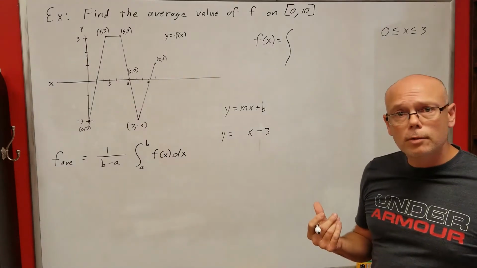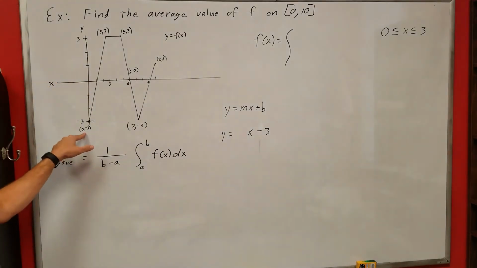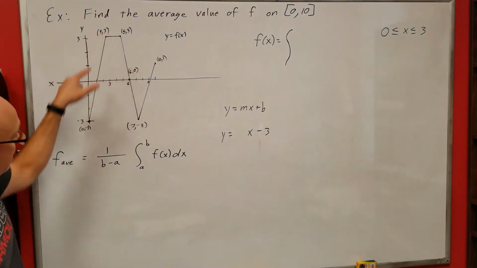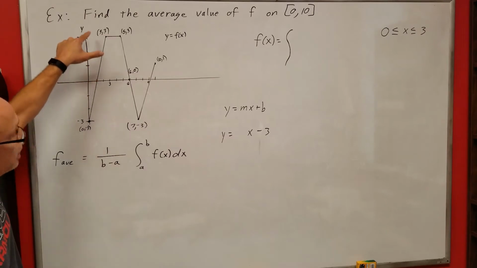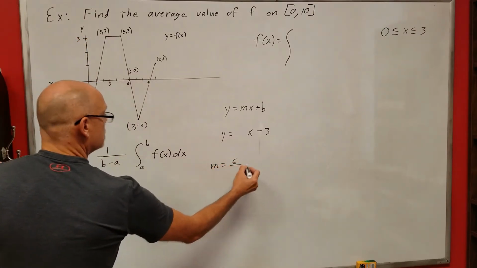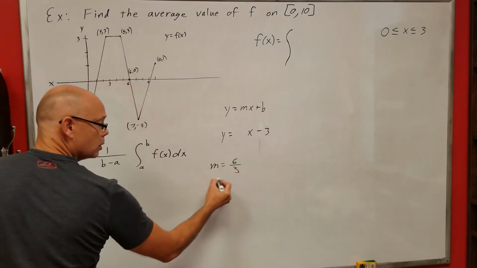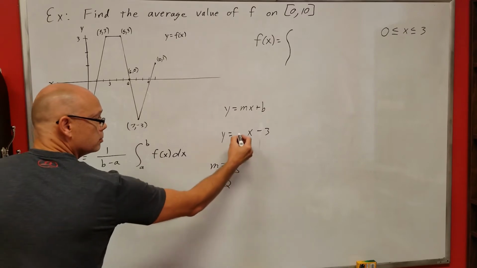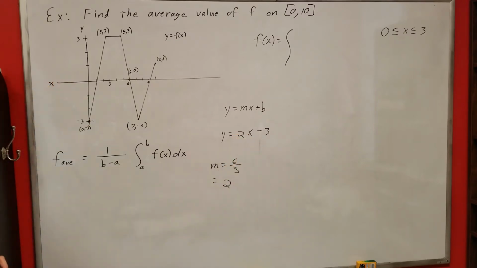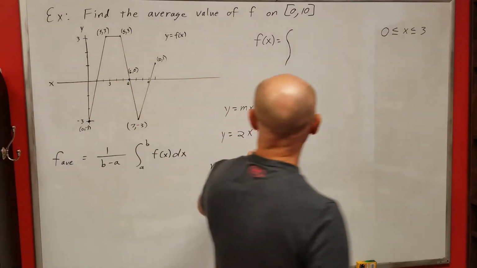Well, rise over run, right? If you're going from the point (0, -3) up to 3, how many are rising? You're rising 3, and then 3 more, 6. So m will be 6 over, how many do you run to go from 0 to 3? 3, so that's 2. So the first piece of my function is y equals 2x minus 3.